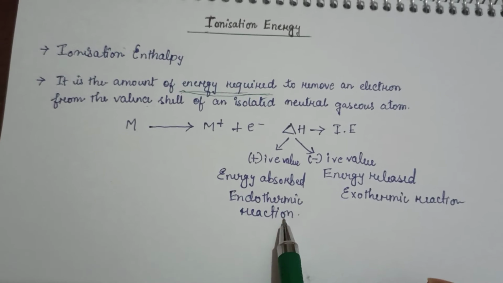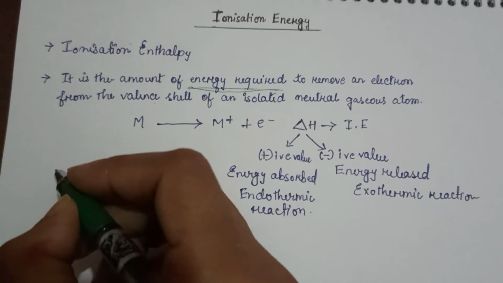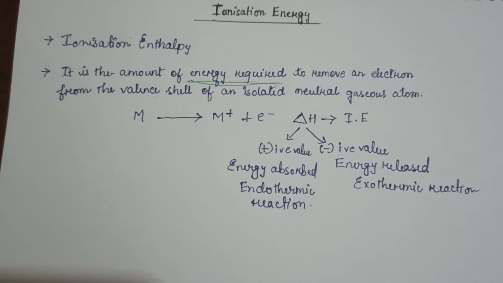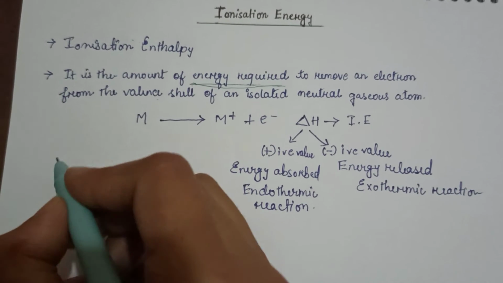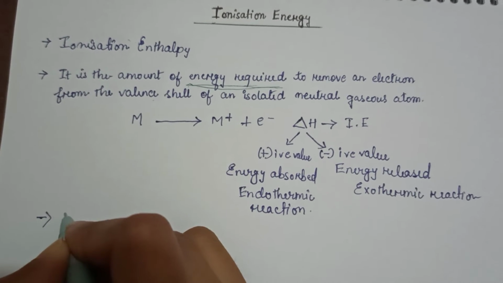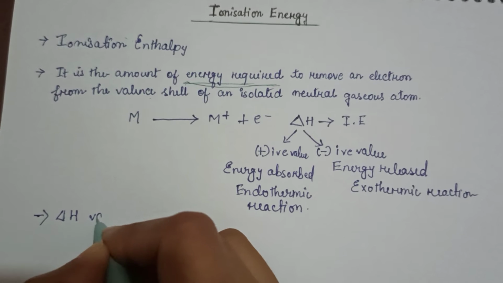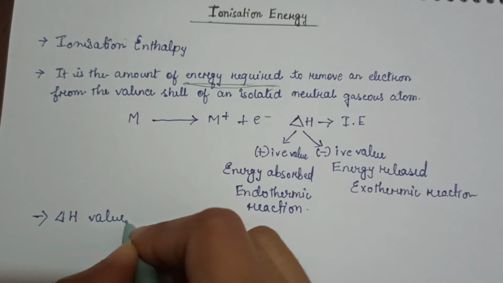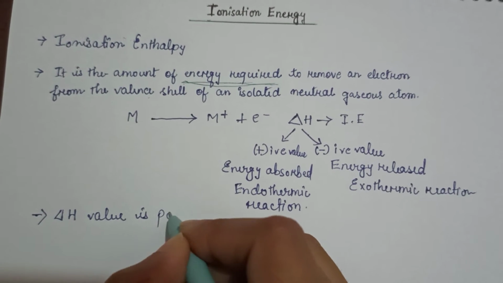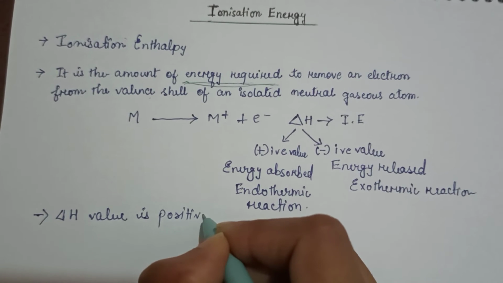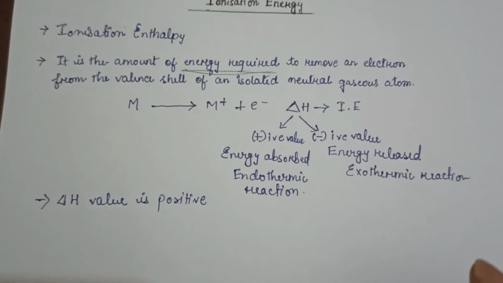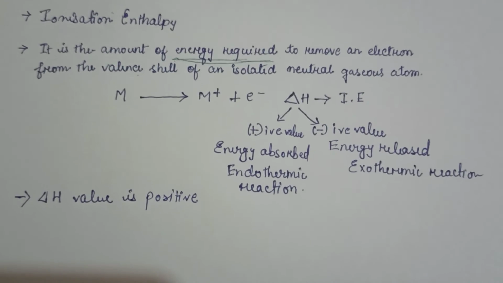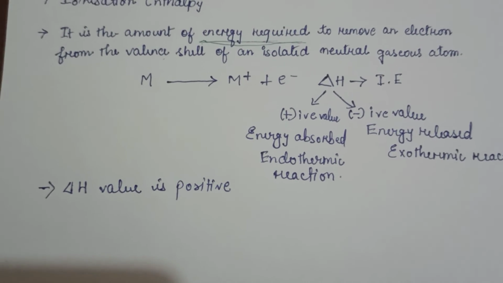It is always positive, right? So in this case, the delta H value is positive. So the reaction will be endothermic. We have to supply energy from outside.